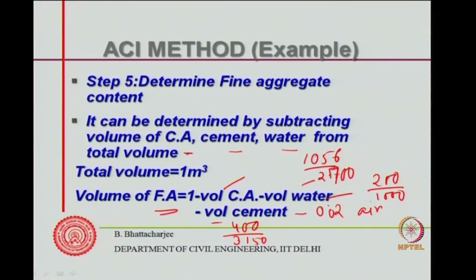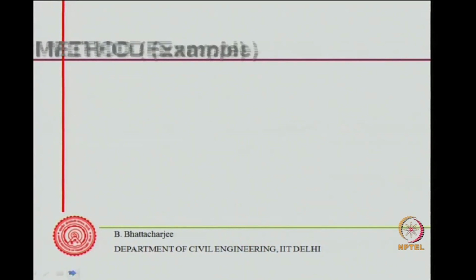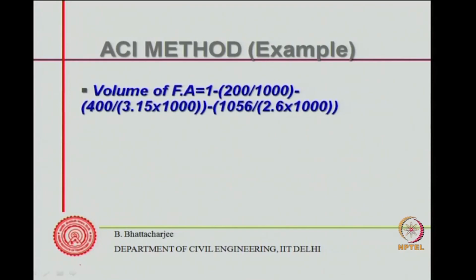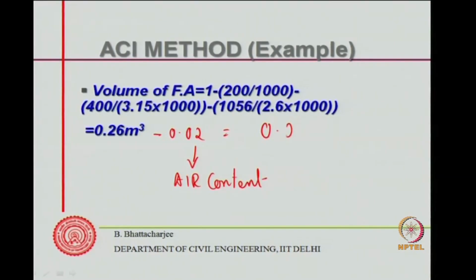So, therefore, volume of fine aggregate you can find out, and this will come out to be this minus 0.02 also should be there because of the air content, and this will be 0.24.